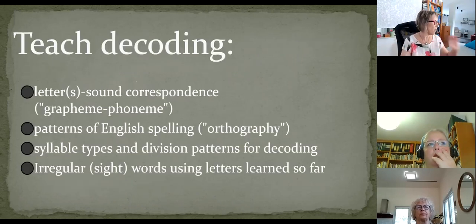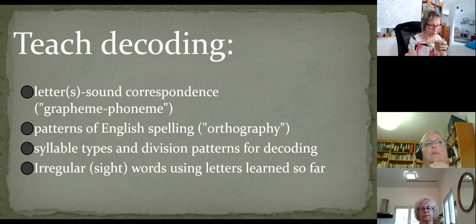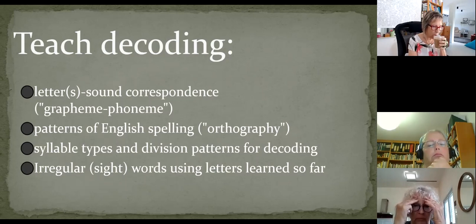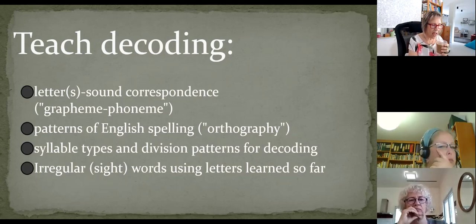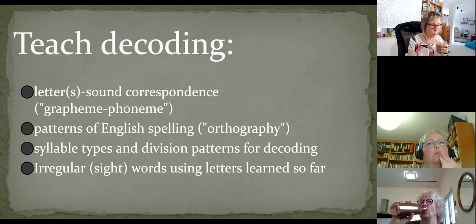Okay. So the elements of this method are to teach the letter sound correspondence, which, you know, these technical terms are grapheme, phoneme. Sometimes you have a combination of letters that makes a different sound than each of the letters would make individually. You all know vowel combinations, digraphs, etc. There are patterns in English spelling that even most English teachers don't generally learn as part of their training.